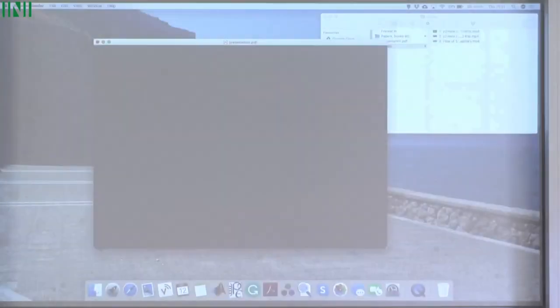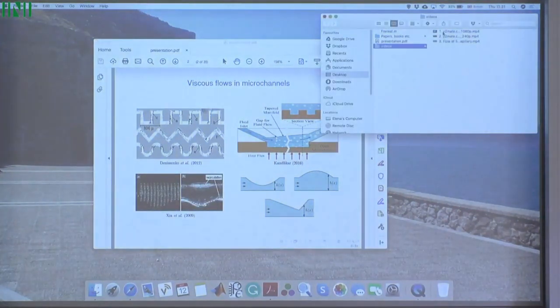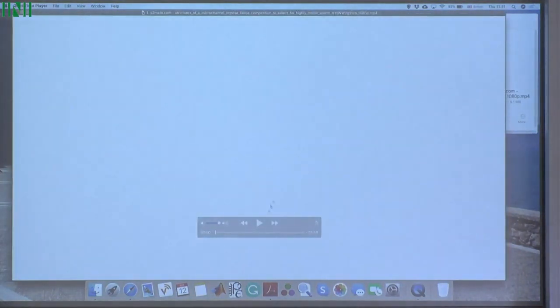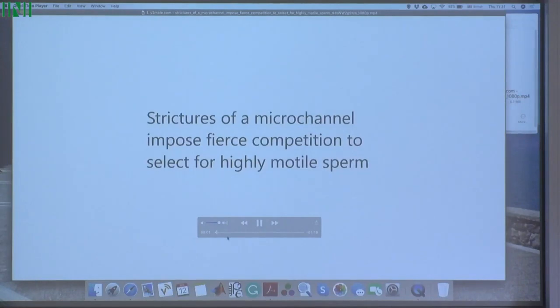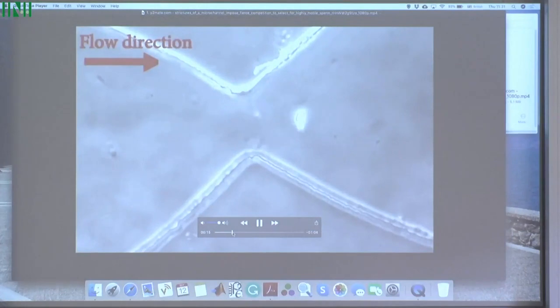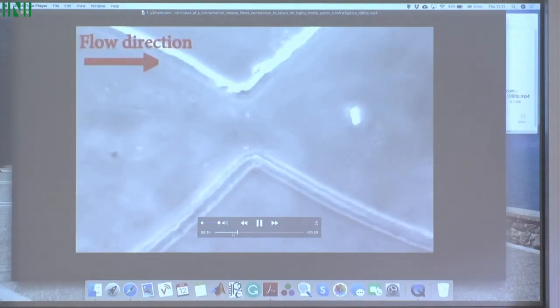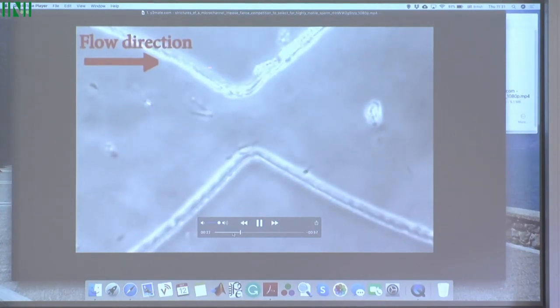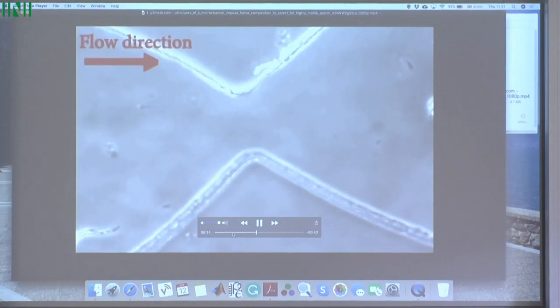I would like to show you some videos where these things appear. I found these videos on YouTube. This is sperm in the female reproductive tract, and basically you can see that because of the geometry, these small particles approach the boundary and take advantage of the geometry to move around this viscous fluid.